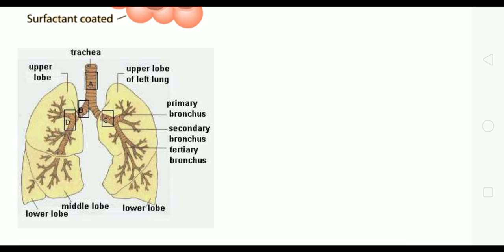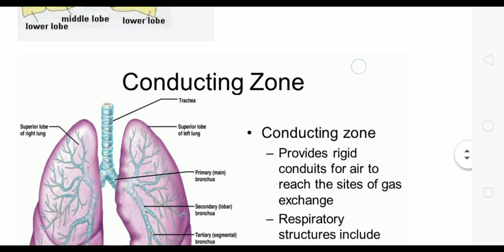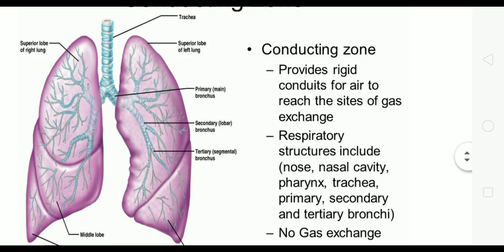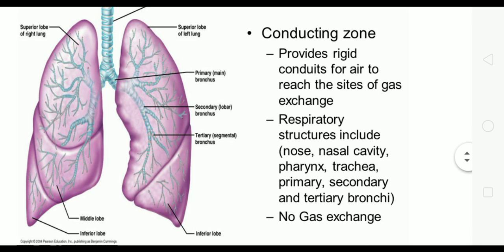All other respiratory passages are conducting zone structures. The conducting zone provides rigid conduits for air to reach the sites of gas exchange. Conducting structures include the nose, nasal cavity, pharynx, trachea, and the primary, secondary, and tertiary bronchi. No gas exchange occurs there.